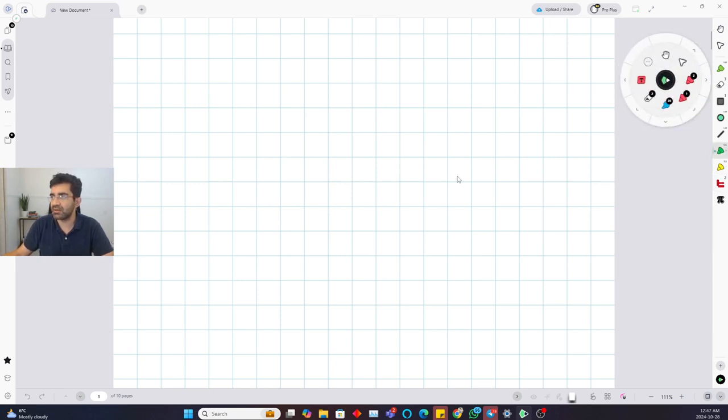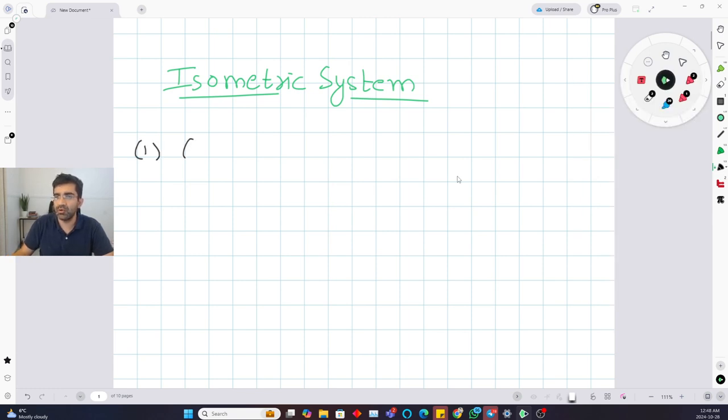Let me just write it down here, a little thicker. Okay, so the easiest form to draw here is a cube.